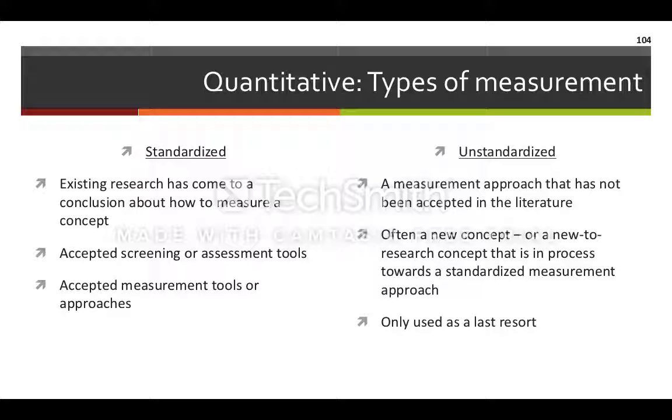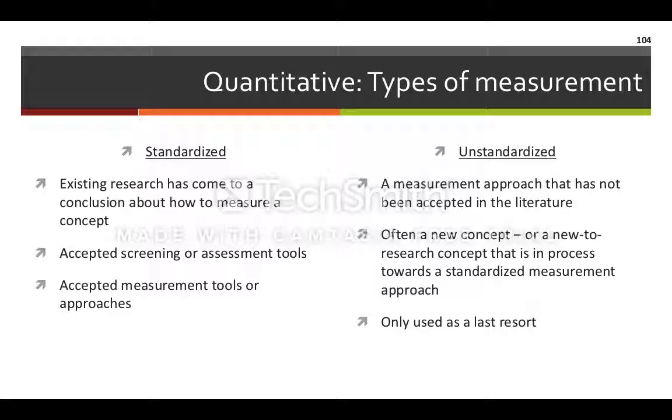So standardized instruments are instruments that have already been developed and tested. So existing research has been used to come to a conclusion about how to measure a concept, and scales have been developed, including screening or assessment tools, surveys, ways of asking questions that have been accepted.